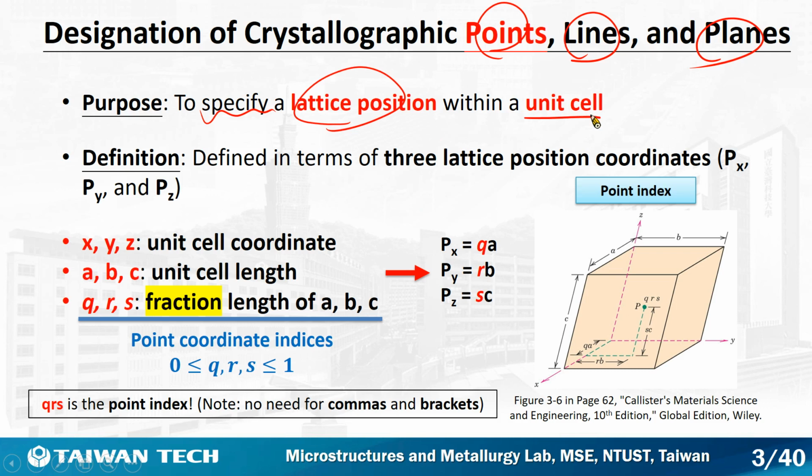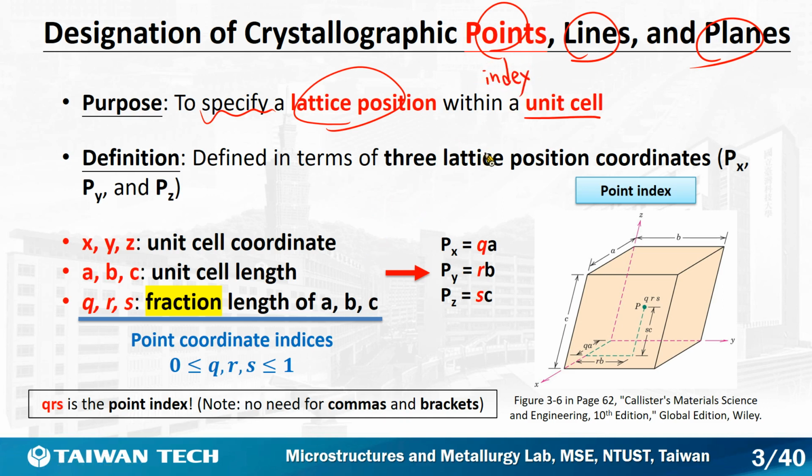As we said, the unit cell is the smallest repeat in the lattice or in the crystal. So we use unit cells to express certain lattice positions. And this is what we do for point index.